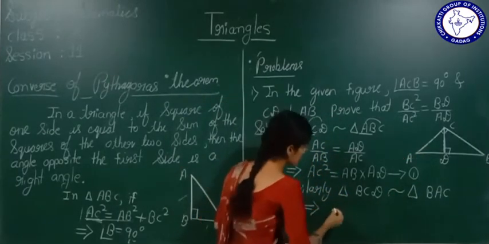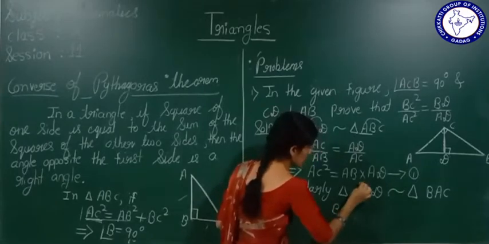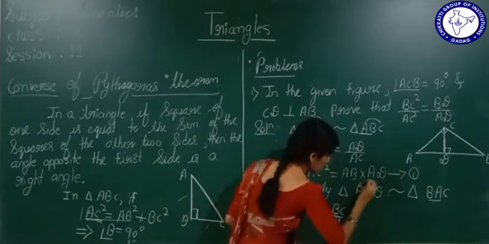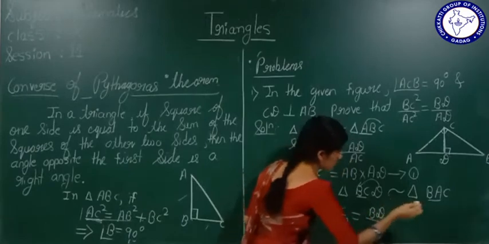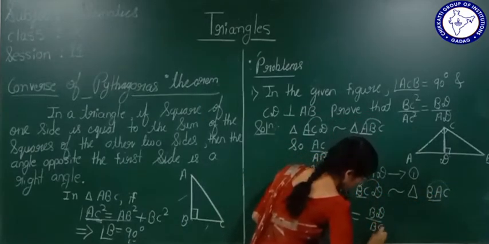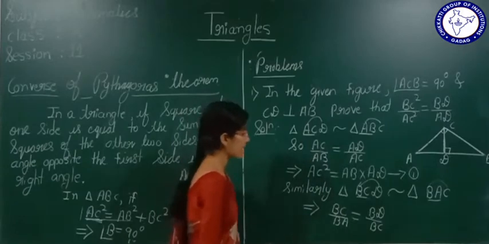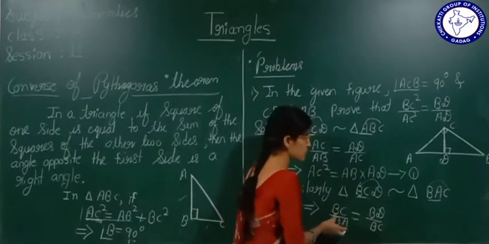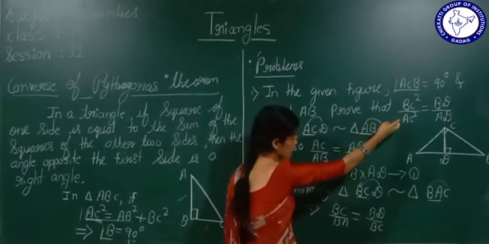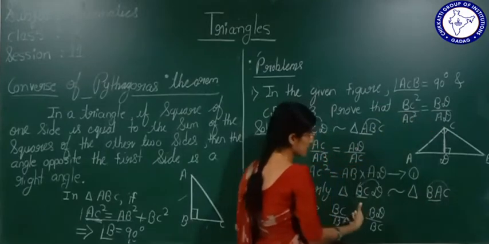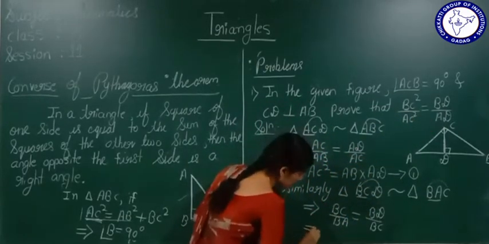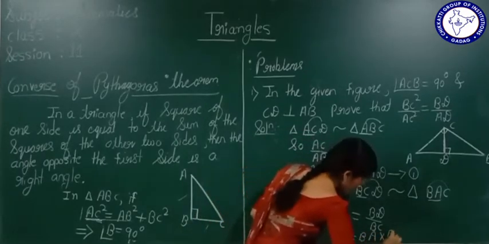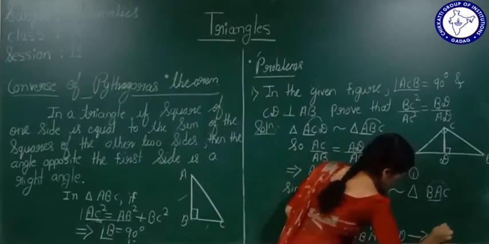So this implies BC by BA is equal to BD by BC. While taking the sides you should be very careful. Why am I taking these two ratios only? Because I want BC, AD, AC, that's why I took only two ratios. So this implies, cross multiplying, BC square is equal to BA into BD. Call this equation number 2.